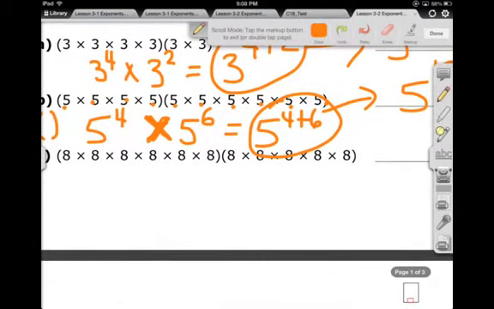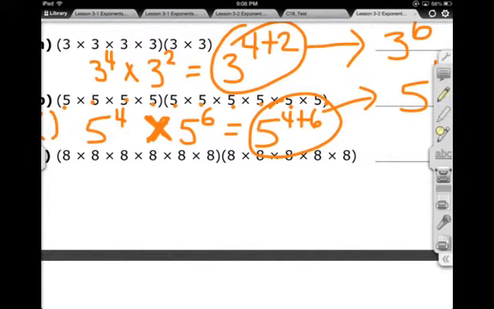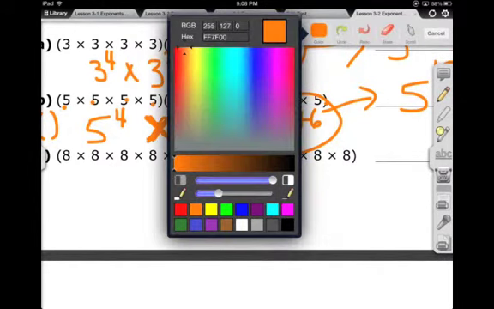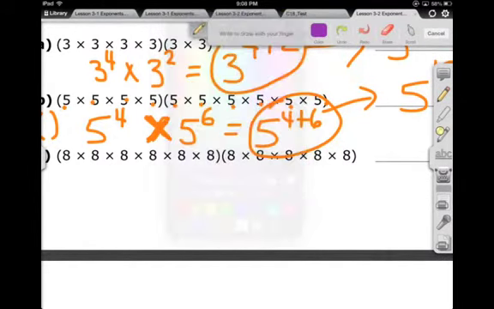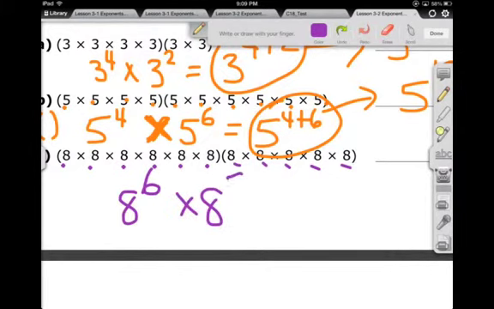And this last one's a little bit larger. I'm kind of tired of orange, so I'm going to choose a different color. Let's go with, I don't know, a dusty purple here. How many 8s do I have? 1, 2, 3, 4, 5, 6 there. And 1, 2, 3, 4, 5. 8 to the 6th power times 8 to the 5th power.